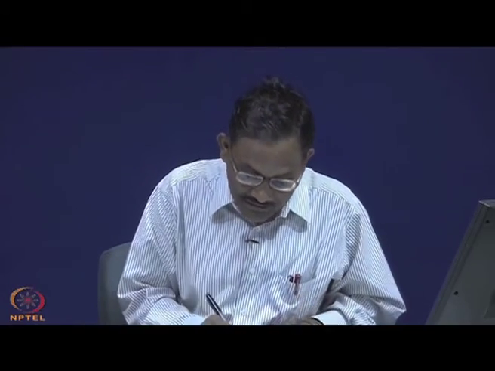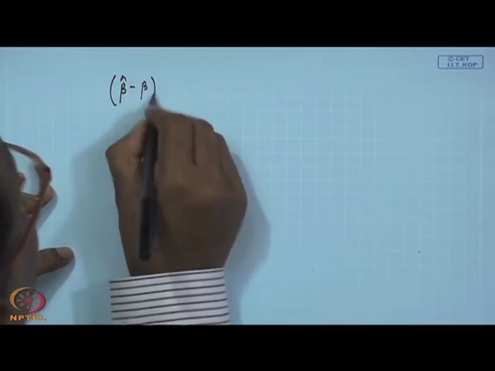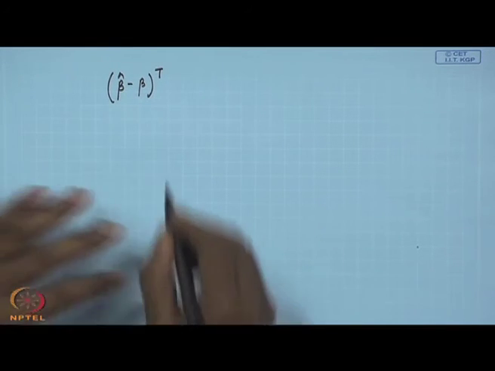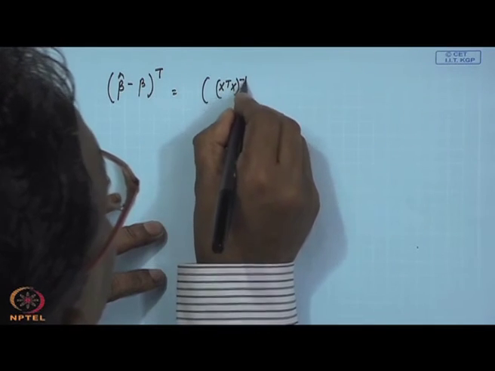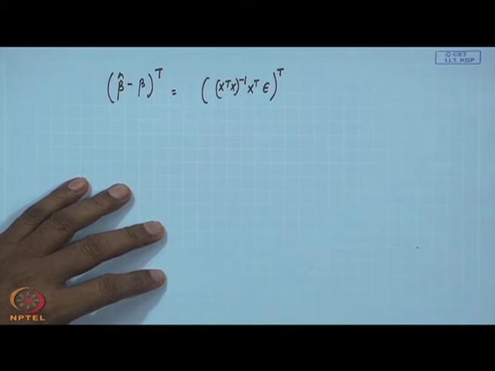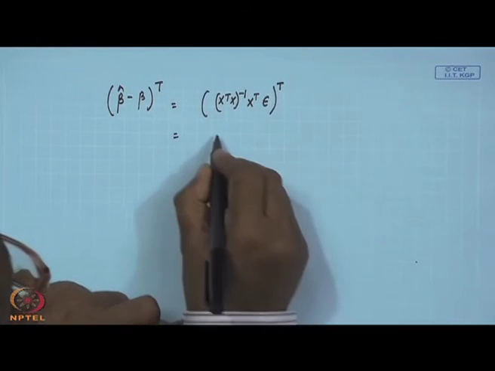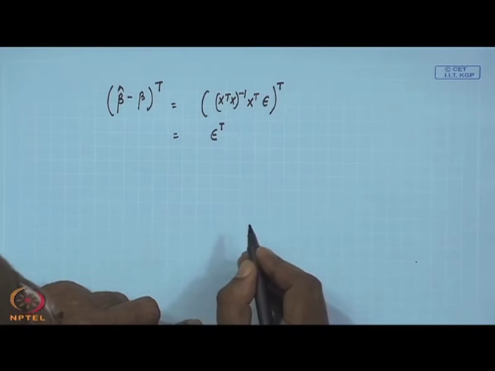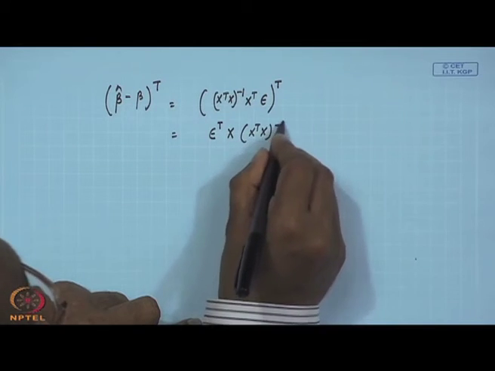So, your beta cap minus capital beta is this. Then what will be the second one? Beta cap minus beta transpose. You can write this as x transpose x inverse x transpose epsilon, transpose. It will reverse: epsilon transpose, then x will come, then x transpose x inverse transpose remains the same because of the symmetric matrix.